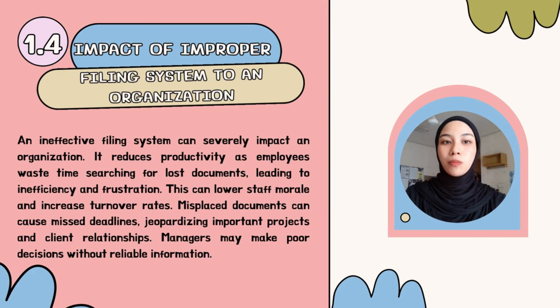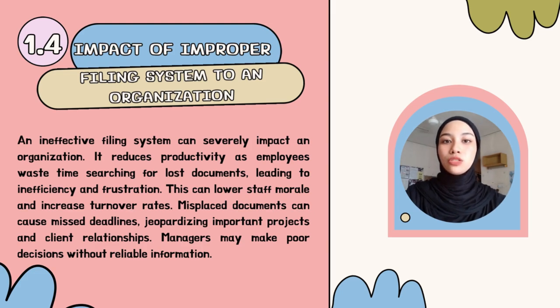So, we're going to talk about the impact of an improper filing system on an organization. An ineffective file system can significantly harm an organization by reducing productivity, as employees waste time searching for lost documents. This inefficiency leads to lower morale, higher turnover rates, and missed deadlines, which can jeopardize projects and client relationships.